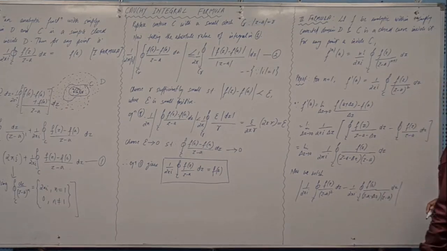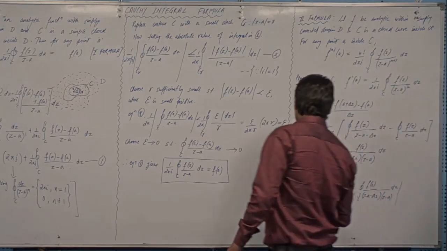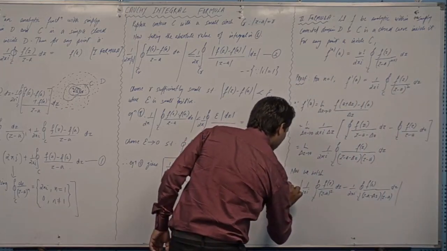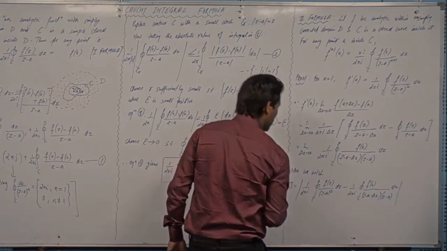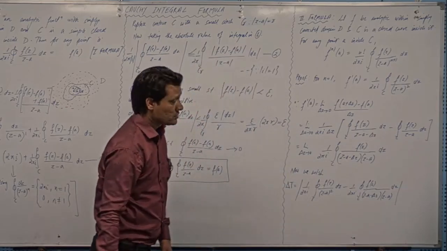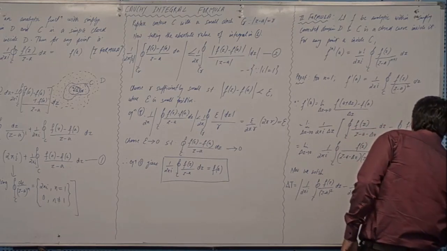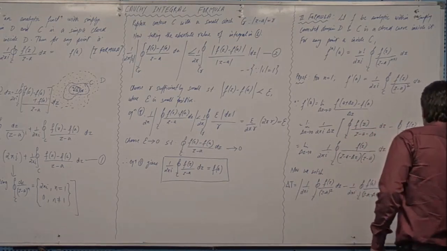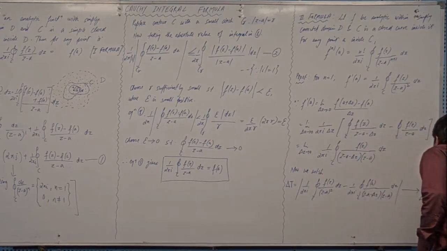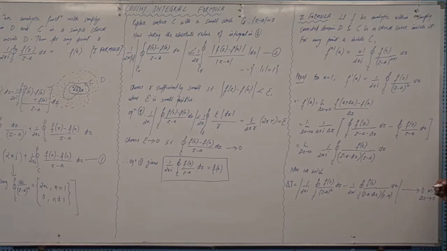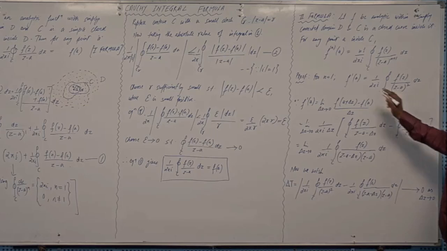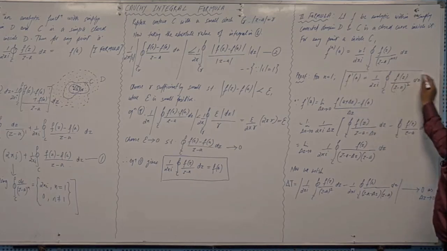I call the difference delta t, and it should approach 0 as delta z tends to 0. I want this in order to prove the result for n equal to 1.